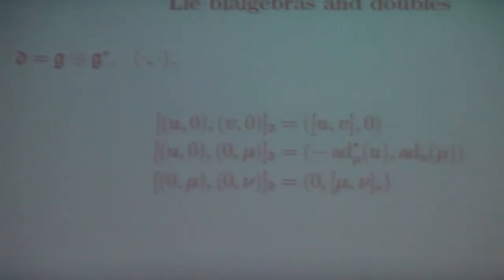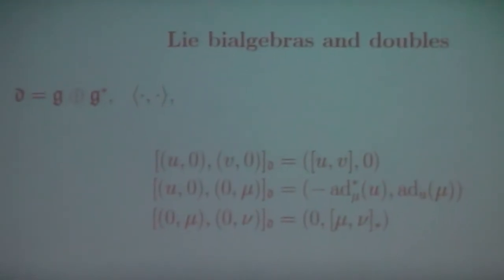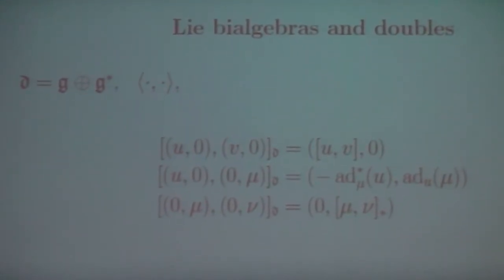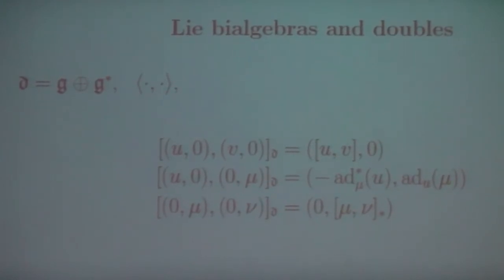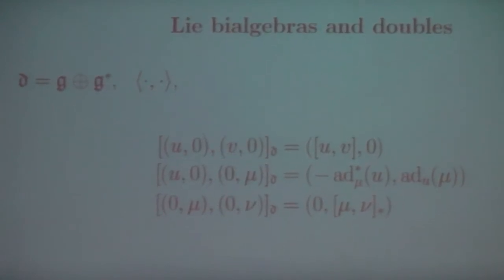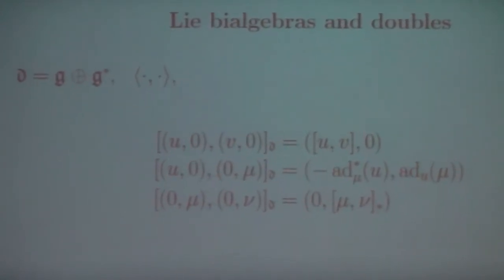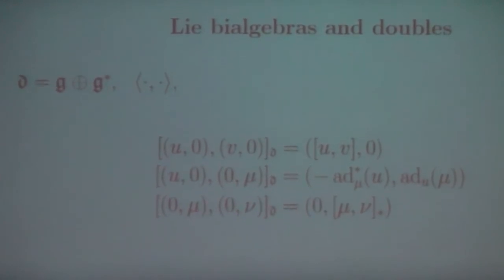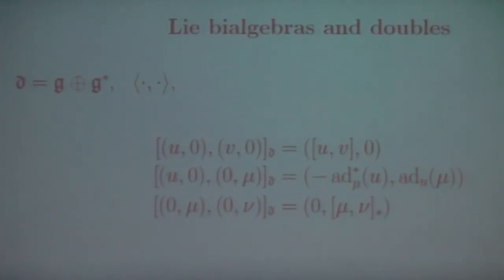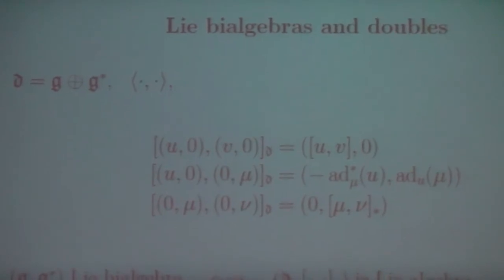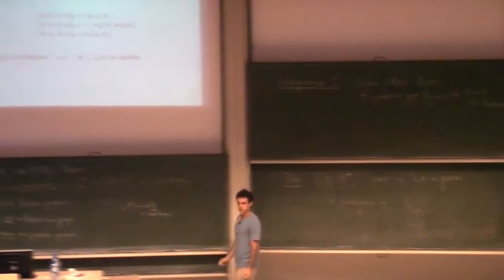Then you can write a bracket on this direct sum that restricts to the Lie bracket on g, restricts to the Lie bracket on g star, and has the additional property of being ad-invariant. This completely determines the bracket. There's only one formula you can write with these properties. And then the amazing fact is that this extra compatibility condition, the only thing missing, turns out to be equivalent to this formula satisfying the Jacobi identity.